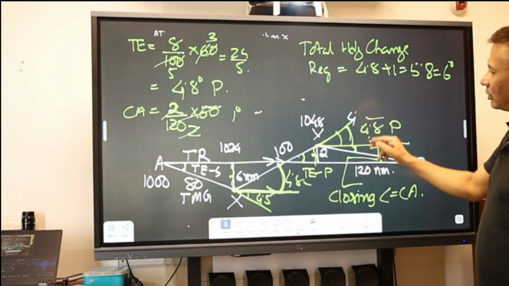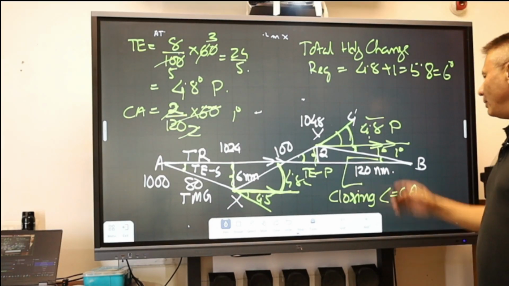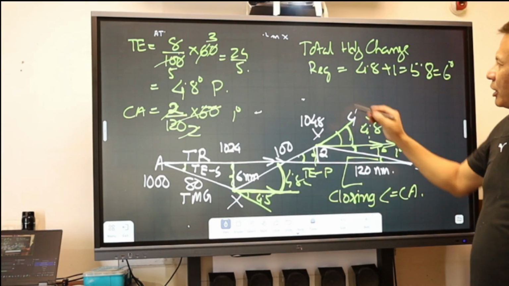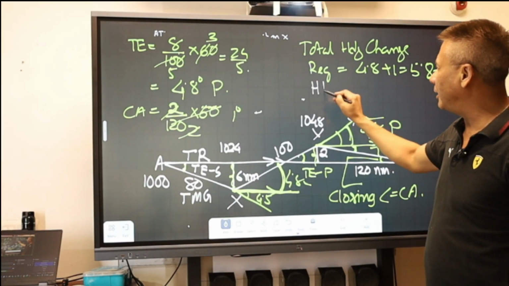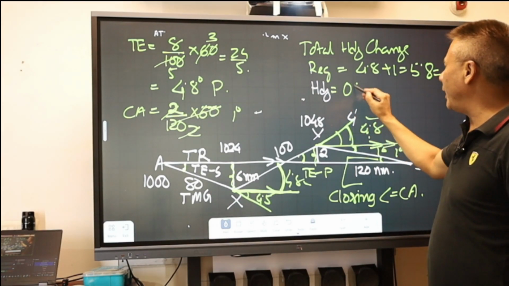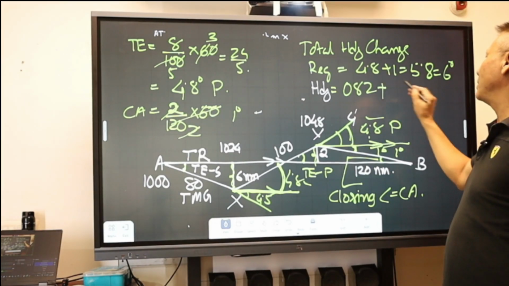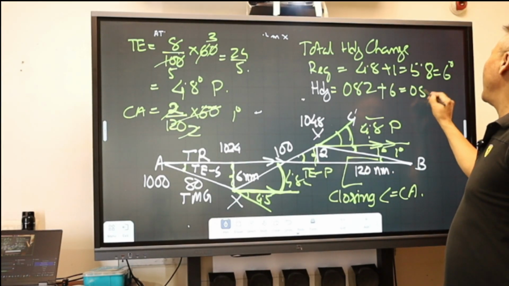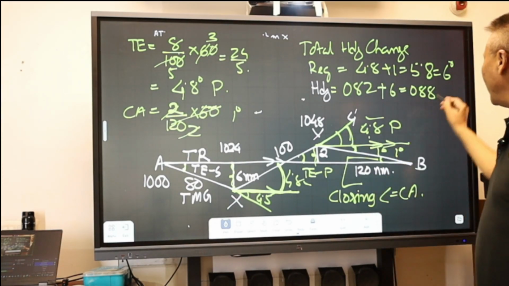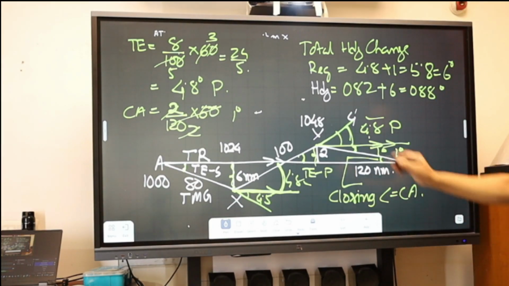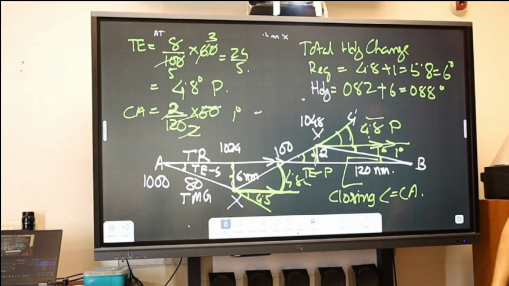If I turn right 6 degrees, I will come to point B. So original heading was 082, turn right further by 6 degrees, that is plus 6, is equal to 088. So if I turn on a heading of 088, then I will reach point Bravo. This is how to calculate the heading.